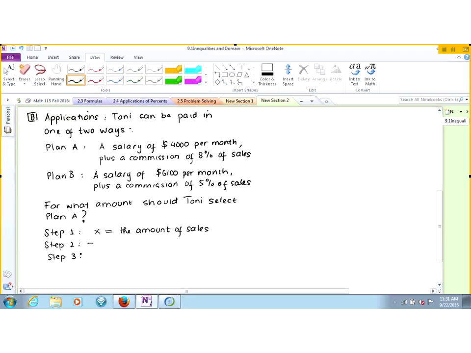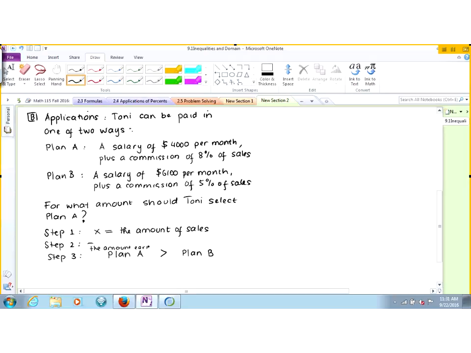Okay. When do you think Tony would select plan A? If he's making more. So I could write something like this. I would select plan A if plan A is greater than plan B, because otherwise he would just select plan B, right? Actually, if I want to be very, very correct, 100% correct, I will write the amount made in plan A is greater than the amount made in plan B. So you want me to write that down?